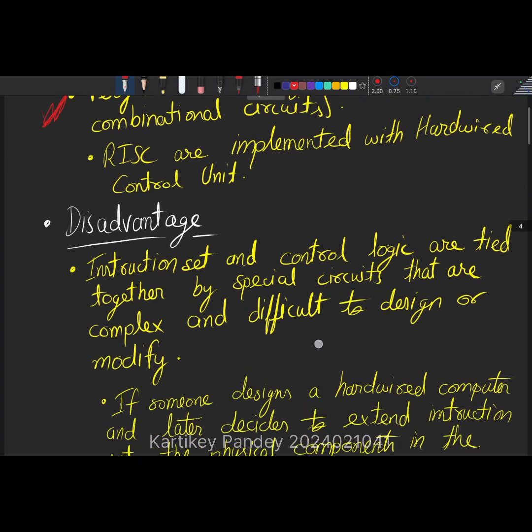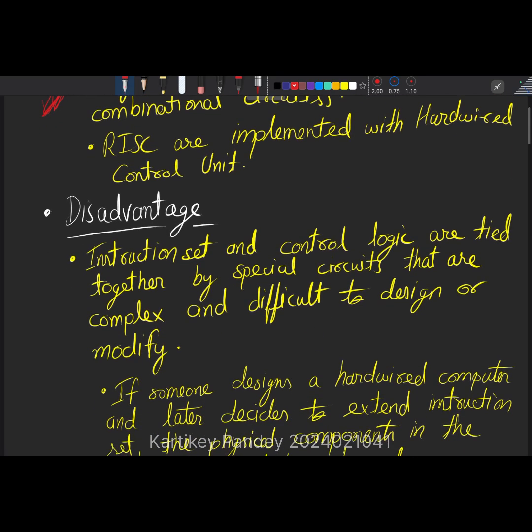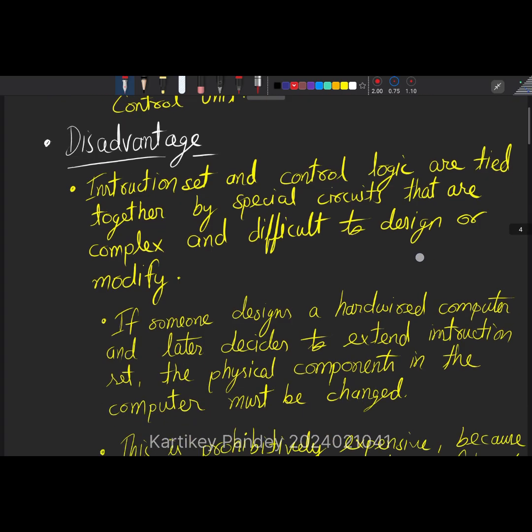One of the major disadvantages about a hardwired control unit is that instruction set and control logic are tied together by special circuits that are complex and difficult to design or modify. Since everything is fixed, it becomes very complex and difficult to design, modify, or update the circuit.